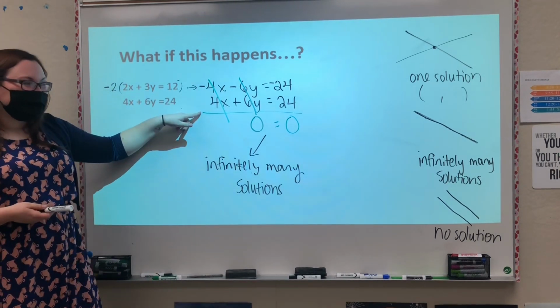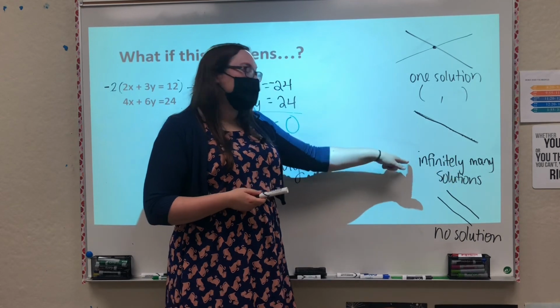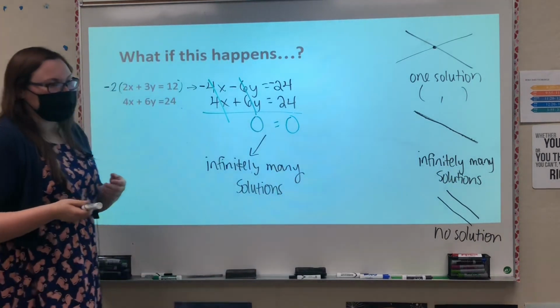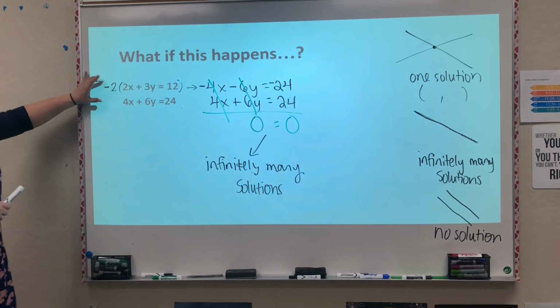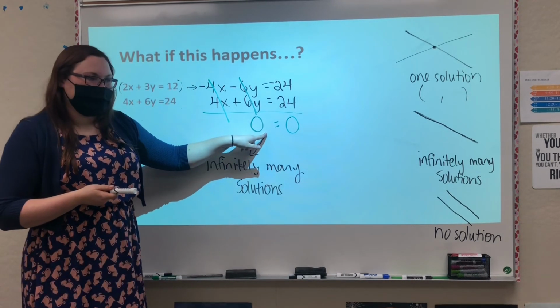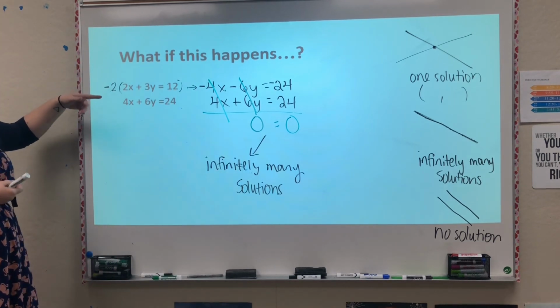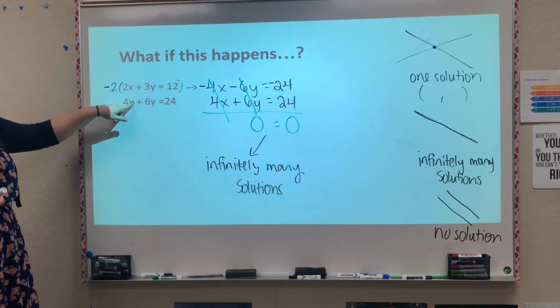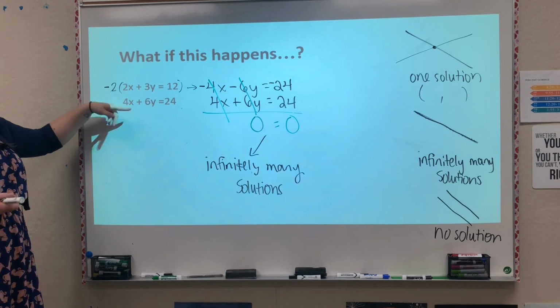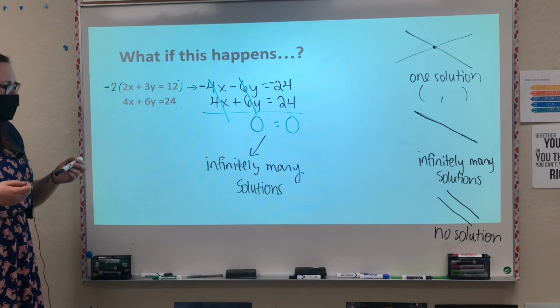They were the same equation because they're the same line, which is another way to figure out why we're getting infinitely many solutions. If you're ever given a system of the same line twice, it's going to work out to be this. Now they might not, upon first glance, look the same. When I look at these two, I think they're different equations until you multiply by something and see they're actually the same.